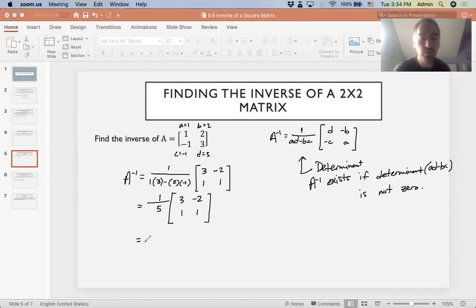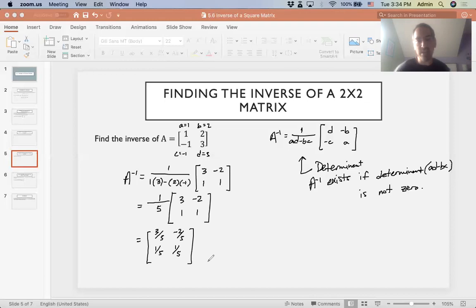And I'm going to distribute this 1/5, using scalar multiplication, multiplying every entry by 1/5. So that's 3/5, negative 2/5, 1/5, and 1/5 is my inverse.